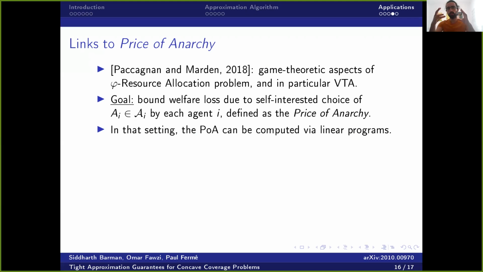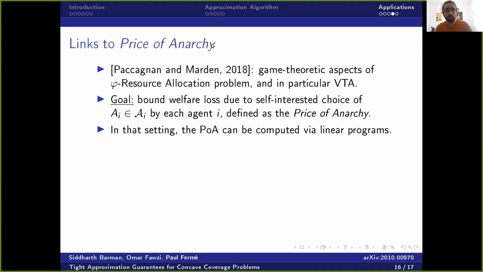So meaning that at a position, if someone changes his choice, it only decreases the global value. And so the price of anarchy is the worst Nash equilibrium one can get, just by making local actions without communication with each other. So the idea is it's in the name.